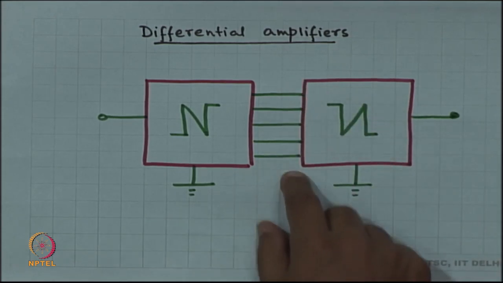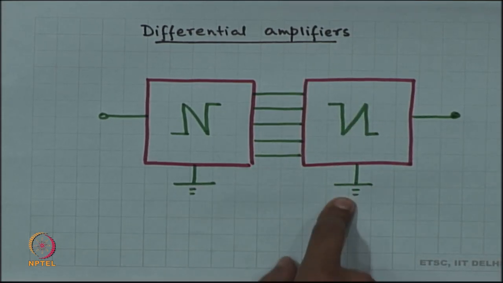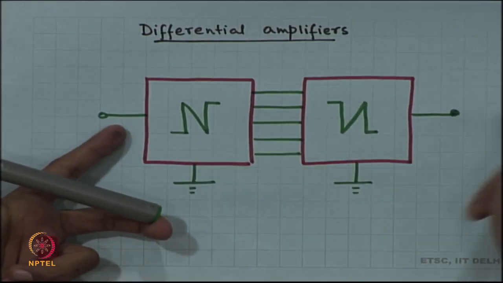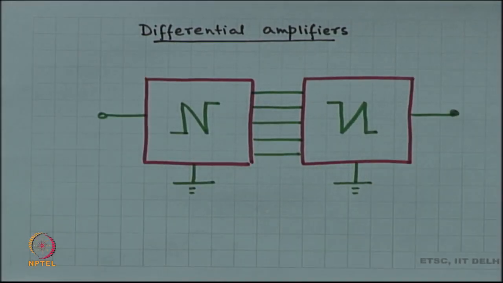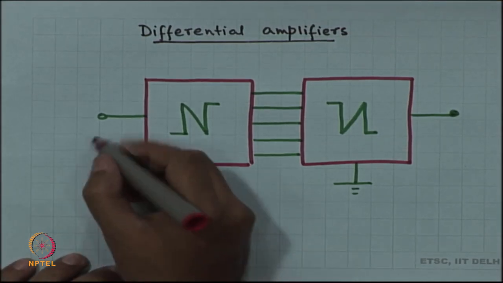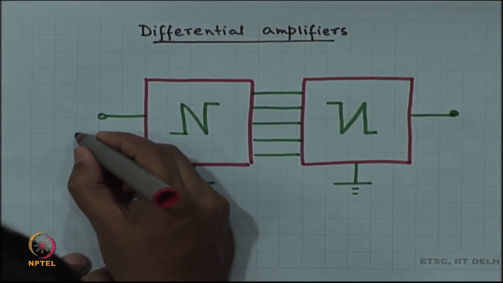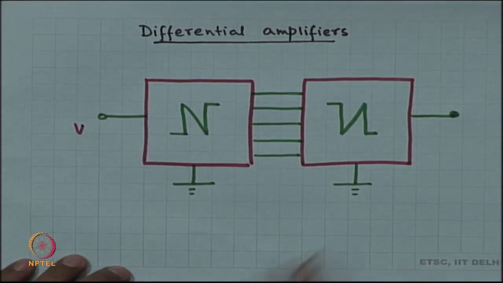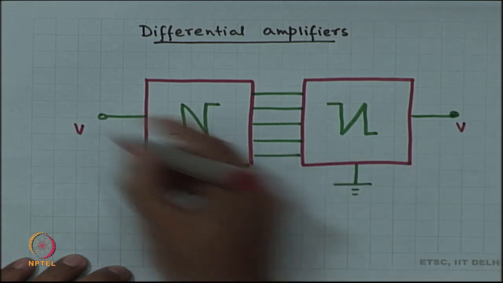A lot of wires in between, there are some ground connections, there is an input, and corresponding to the input there is a mirror image of the input. There could be more inputs also. All right, this is the setup. Now, what we are going to do is apply a voltage V over here and a voltage V over here.